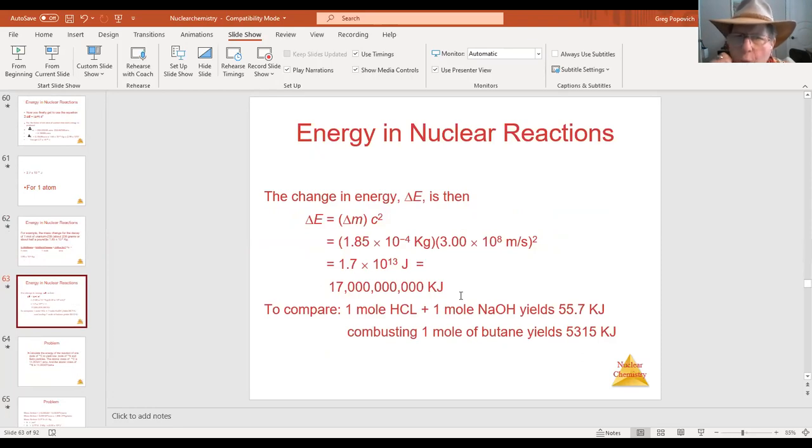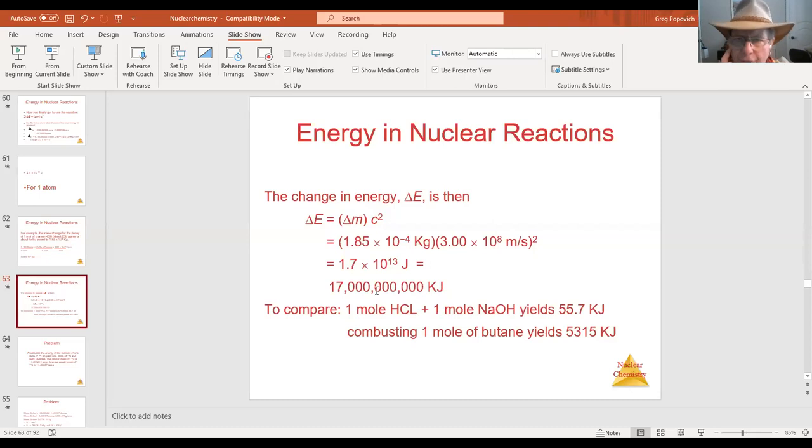So if I'm dealing with 1 mole of uranium changing, in other words, half a pound of uranium, I make 1.7 times 10 to the 13th joules, or 17 trillion kilojoules for half a pound.